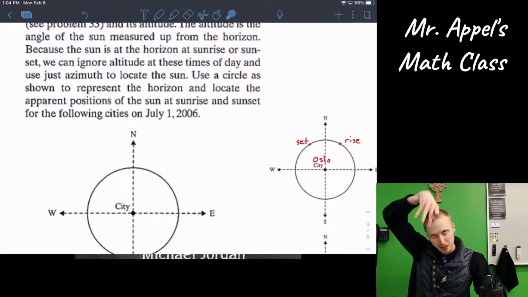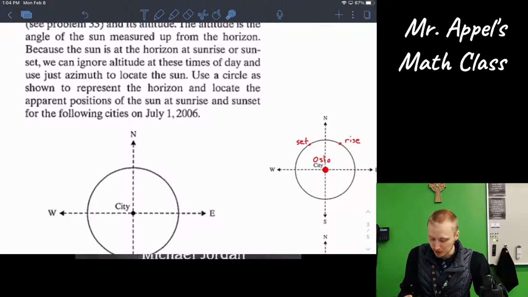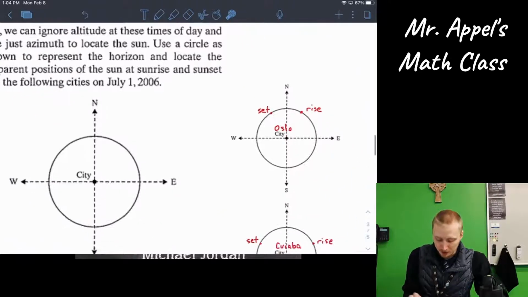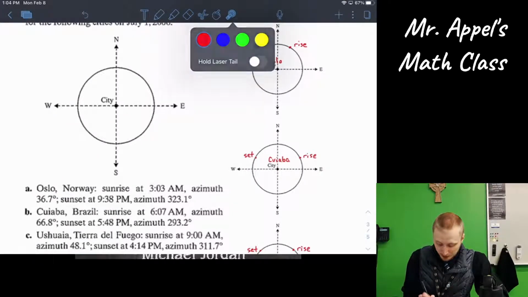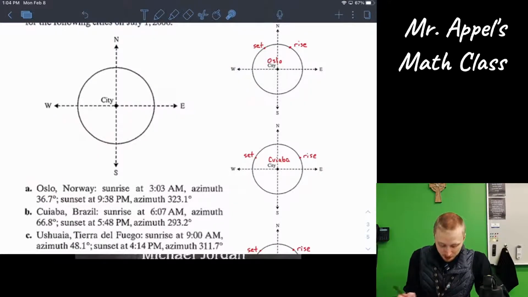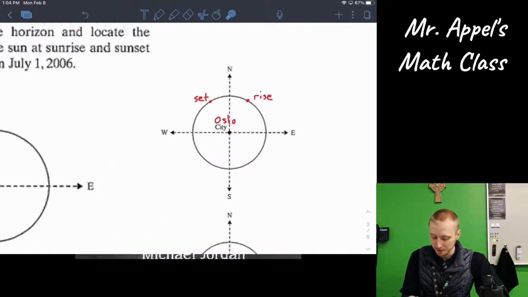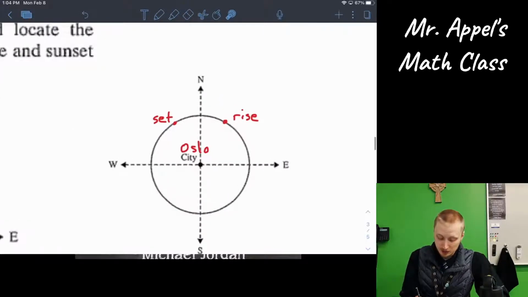Okay, so this is a top-down view of you standing here in the middle of the city. And from the given measurements, here we have, in Oslo, the azimuth of sunrise is 36, sunset at 323. So we go here in this circle and put the rise there, and then 323 all the way around to put the sunset right here.